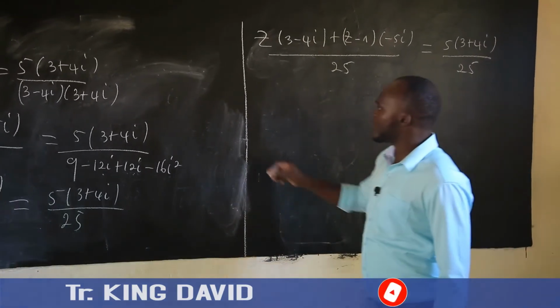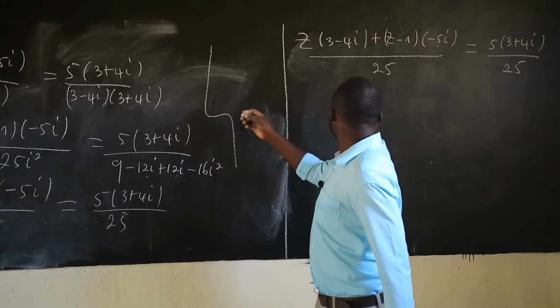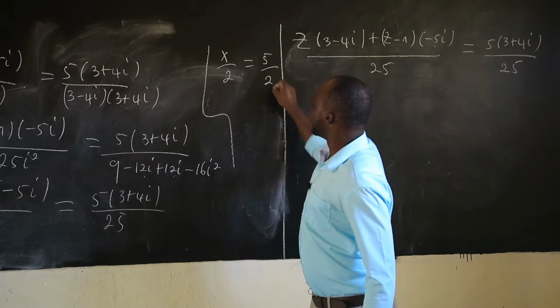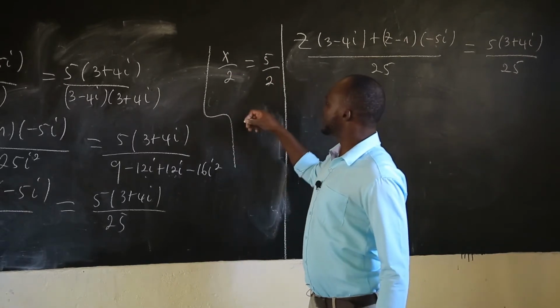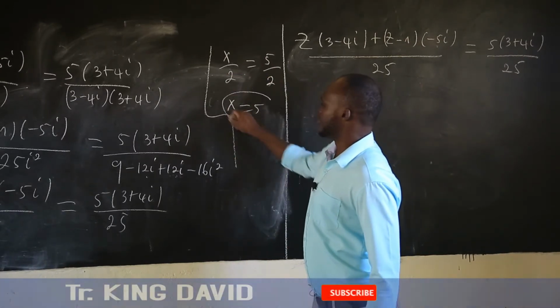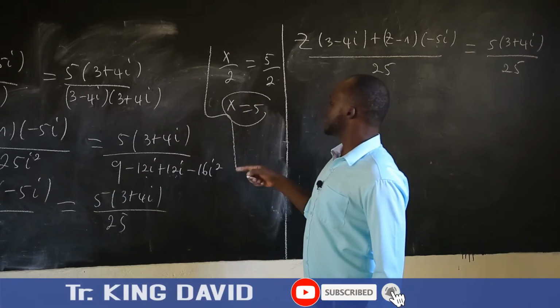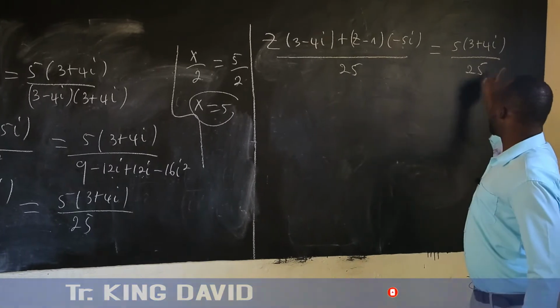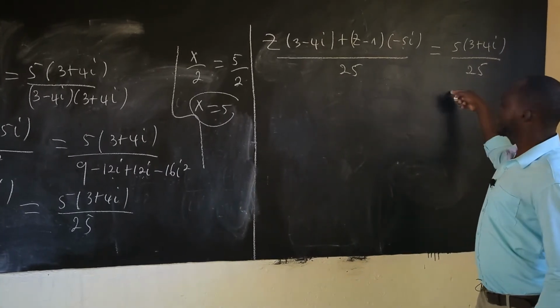Remember, when you have x over 2 equal to 5 over 2, the 2s cancel and x equals 5. The same applies here. This 25 will go with the other 25.